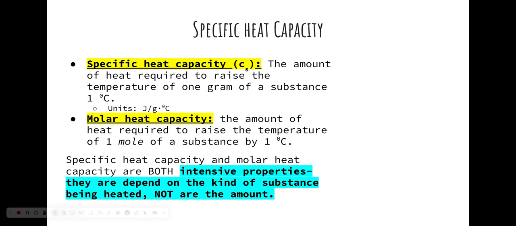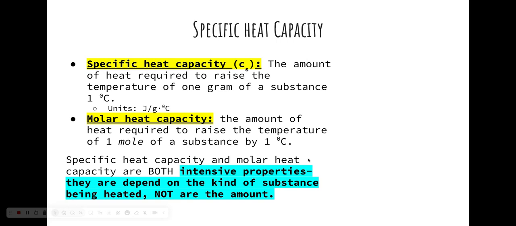So in other words, if I have a water bottle, probably a half a liter of water, and I were to compare this to 10,000 gallons of water, a trillion gallons of water, because that substance is in fact water, it will always have the heat capacity of 4.18 joules per gram degree Celsius, because that's water's specific heat capacity. Since that's the case, we can use specific heat like we use boiling point, like we use density, as a property to identify the identity of an unknown substance.